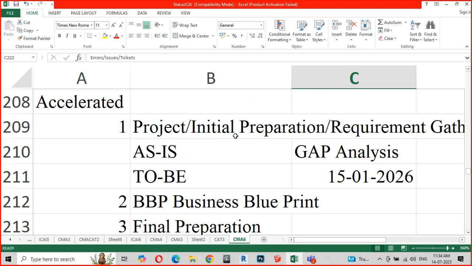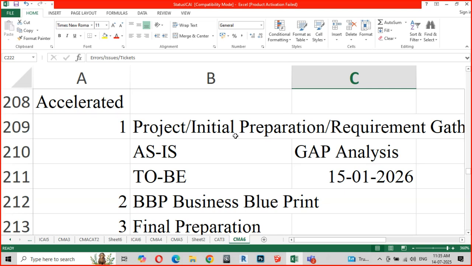What exactly happens in this step? This is basically a very high level discussion where both companies, the implementing partner and the company which wants SAP to be implemented, enter into a discussion at the top level management as to what exactly is required by the company, what SAP can actually deliver.